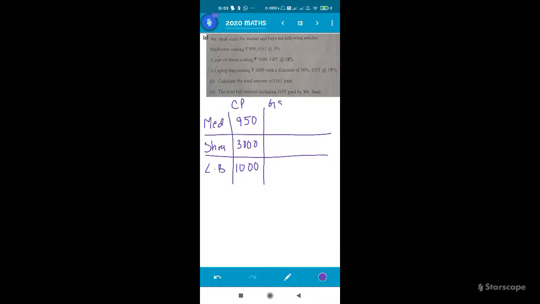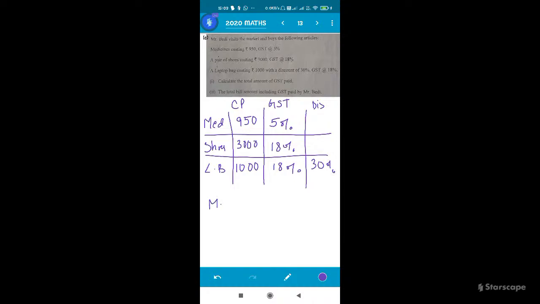The GST percentage is given: 5% for the medicines, 18% for the pair of shoes, and 18% again for the laptop bag. Also there was a discount given on the laptop bag which was 30%. So this is our question. We first have to find the GST and then also find the total bill.